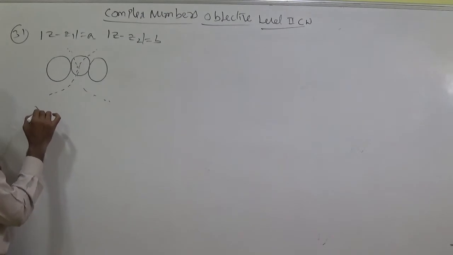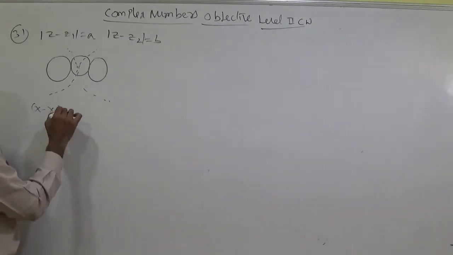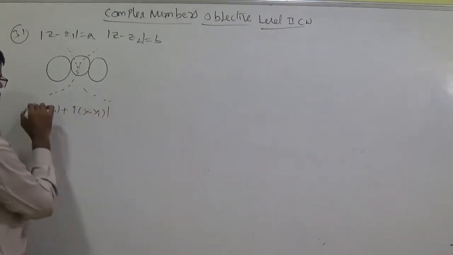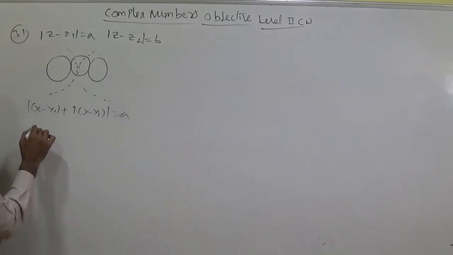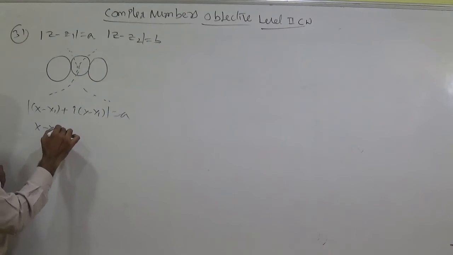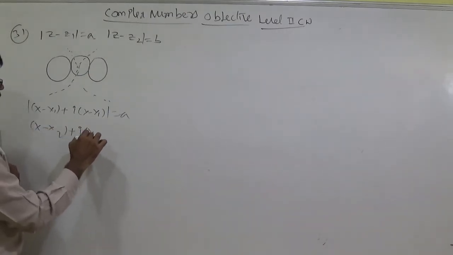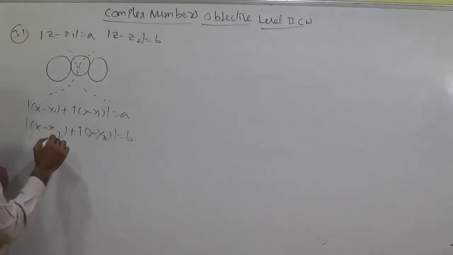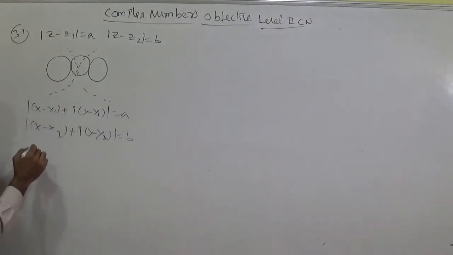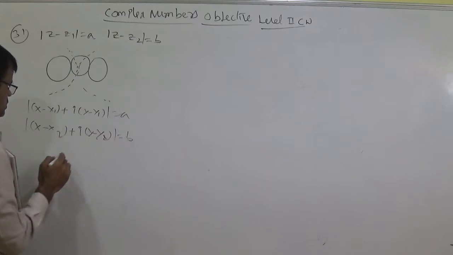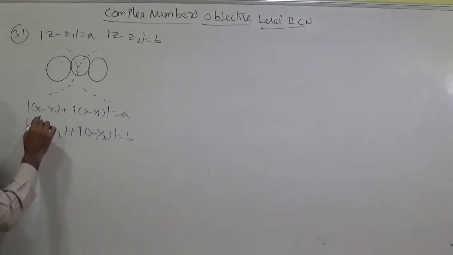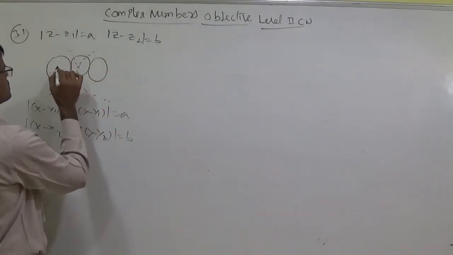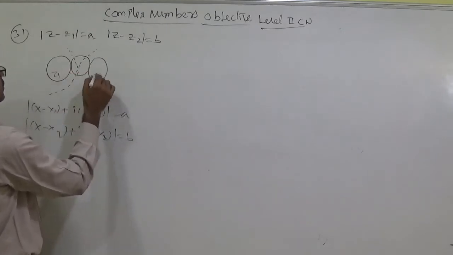Now this is of the concept modulus of x minus x1 plus i into y minus y1 is equal to A. Next, modulus of x minus x2 plus i into y minus y2 is equal to B. So Z minus Z1 and Z minus Z2 can be understood as PA is equal to A and PB is equal to B. Here the center is Z1 and here the center is Z2.